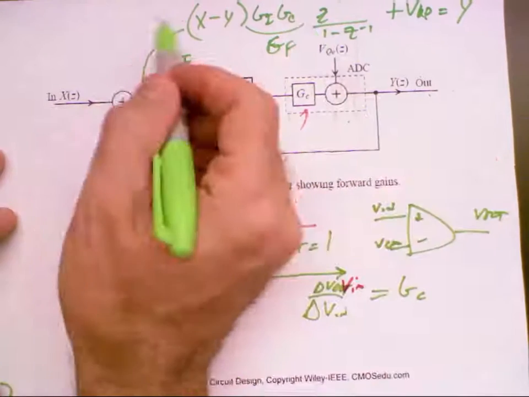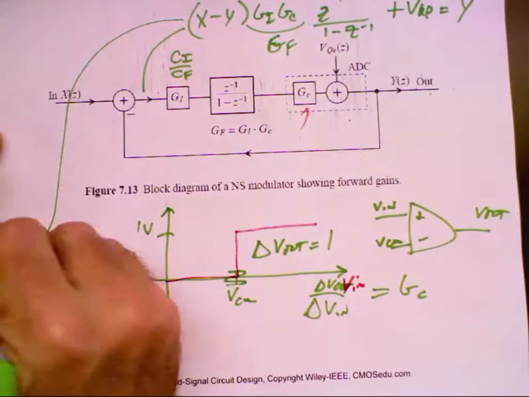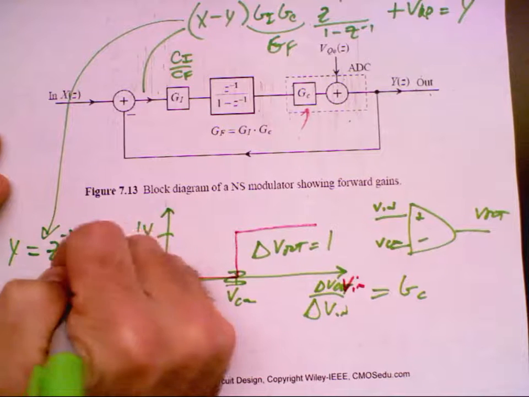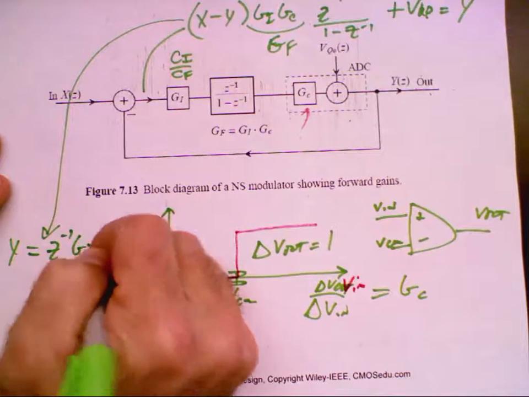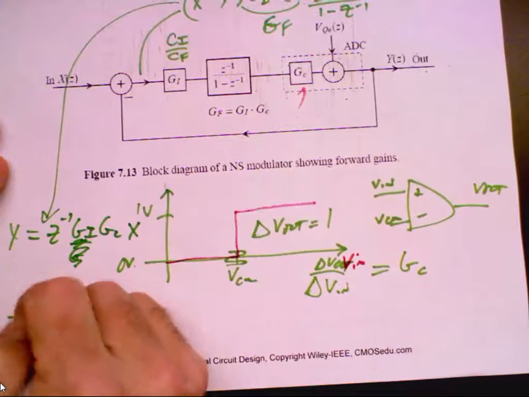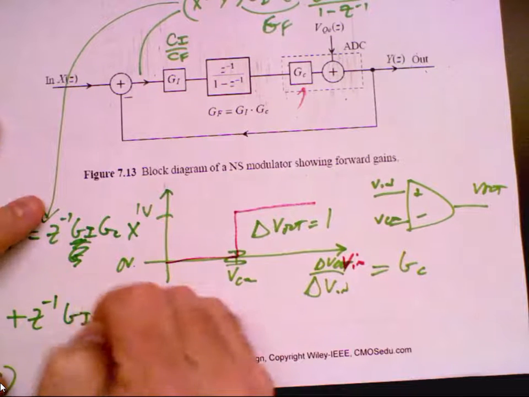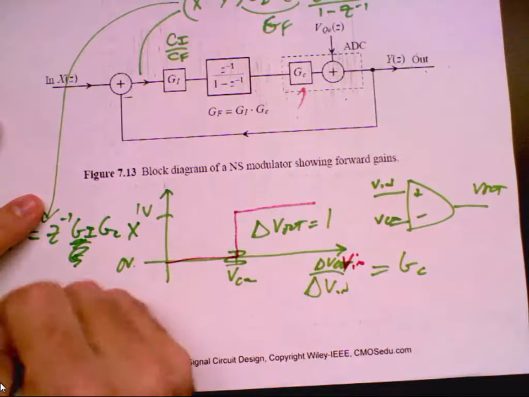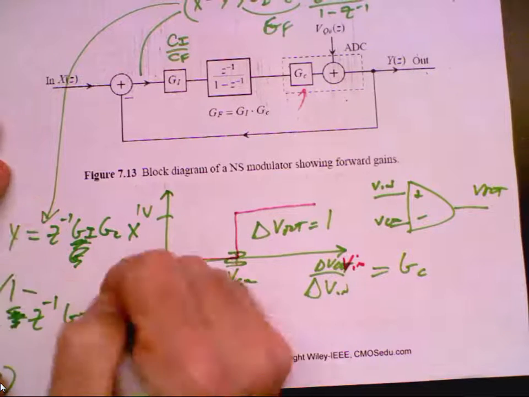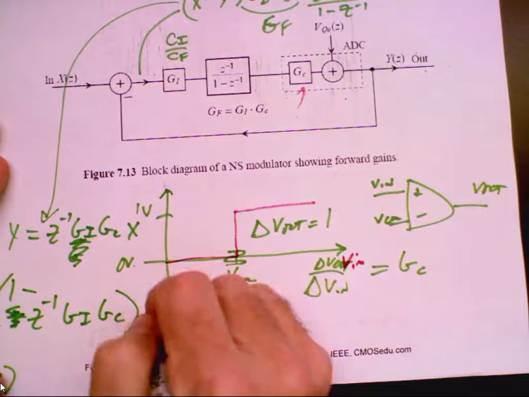So we can go down here and immediately write that y equals z to the minus 1 GI GC times x plus z to the minus 1 GI GC times 1 minus z to the minus 1 times VQE.